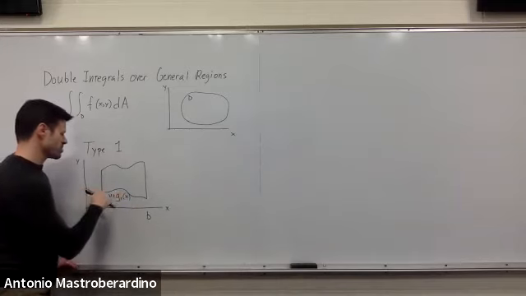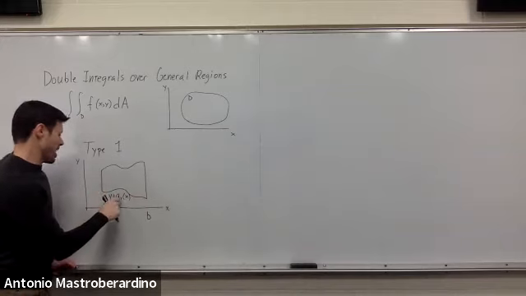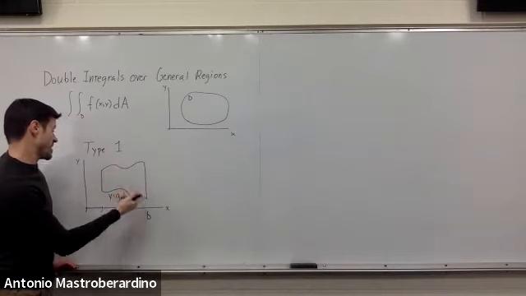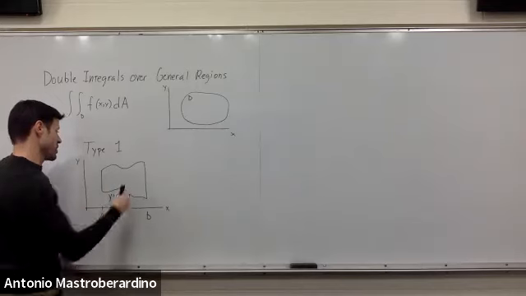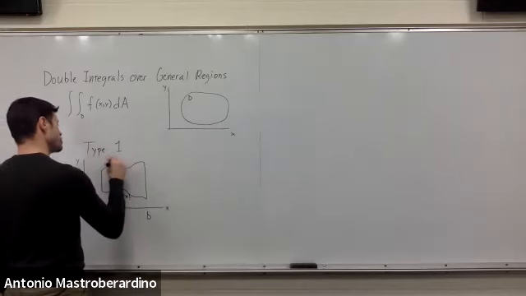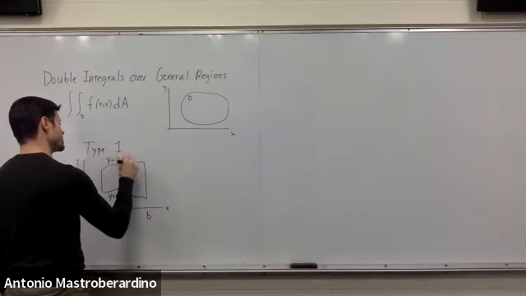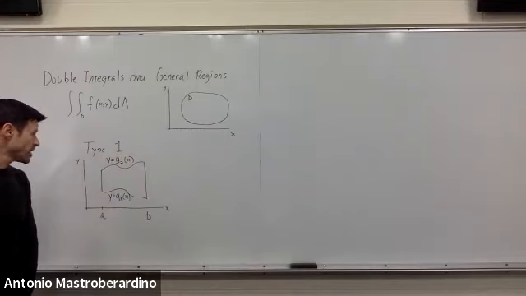Okay, so this bottom curve that forms the boundary on the bottom, it's a curve that we can define in principle as a function of x. So I'm going to label it as g1 of x. And then this curve that is the bound above, it can also be in principle defined as a function of x. So I'm going to call that g2. Okay, so this is a type 1 region.